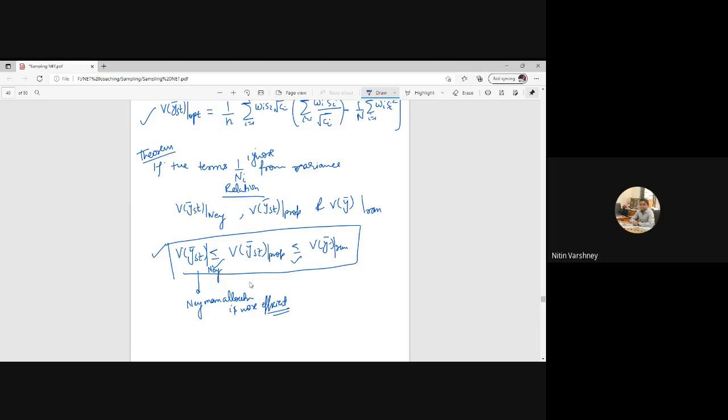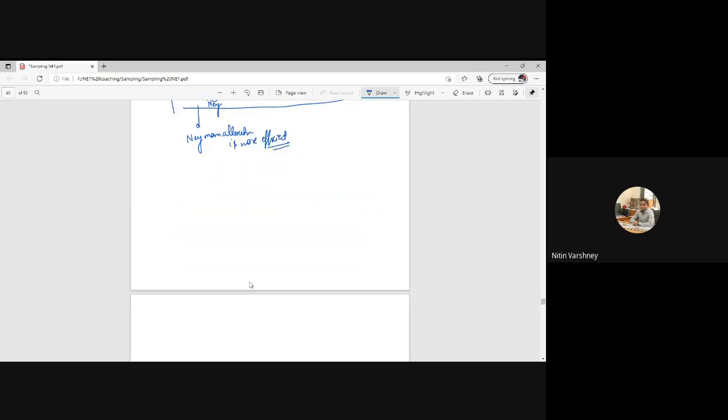Now the next one is the number of strata.